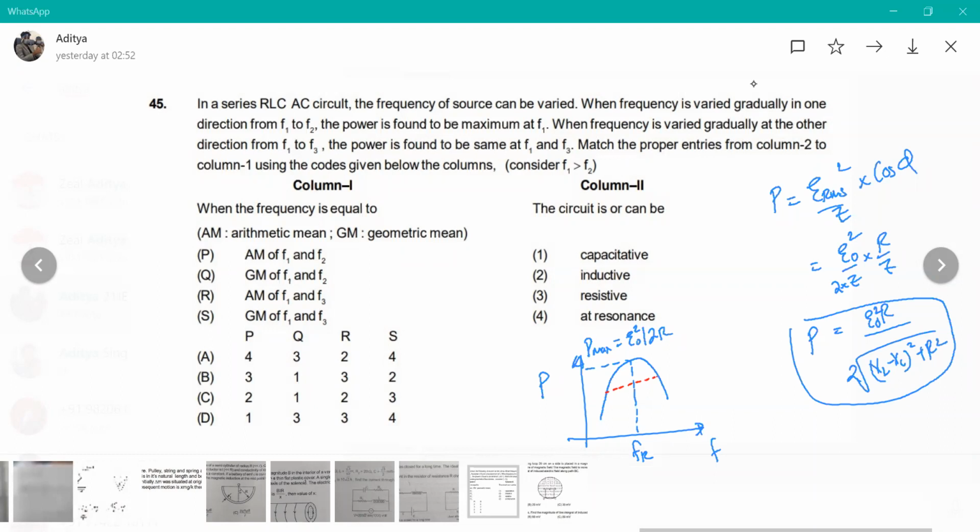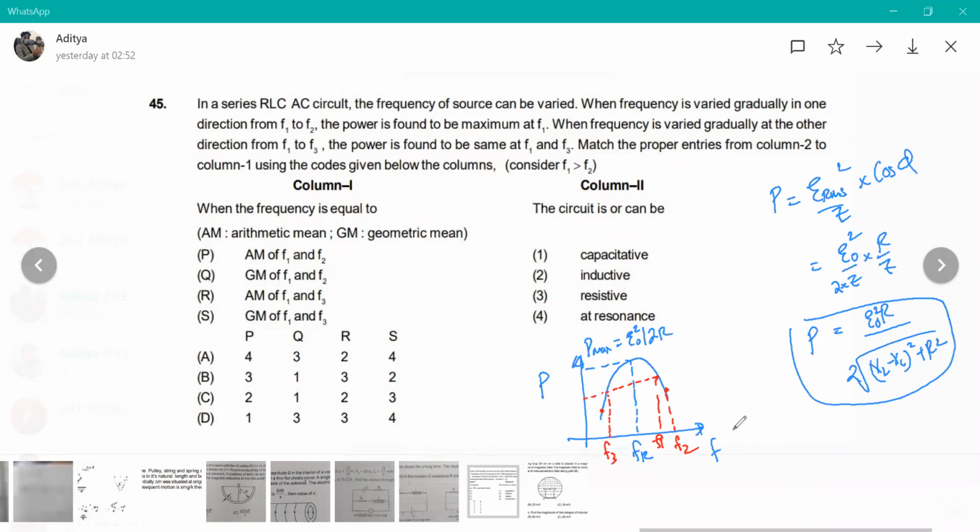So that means here is probably something like this. F1 to F2, you're going in one direction. So let's say this is F1. This is F2. But F1 to F3, you're going in the opposite direction. So the power factor is the same.